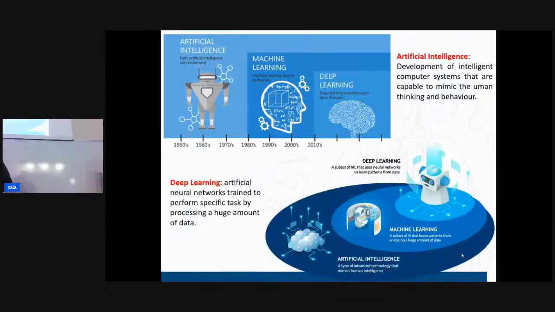So a little bit of introduction to terminology, just to make things clear. When you hear about machine learning, deep learning, artificial intelligence in popular summaries and papers, you find these three terms used basically interchangeably.